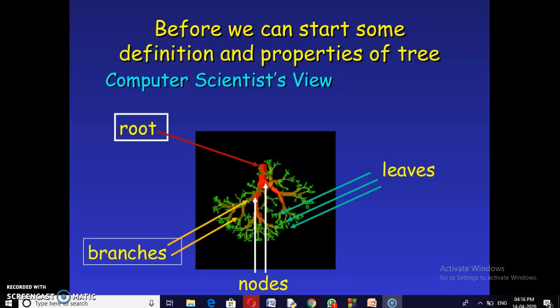In the same way, in computer data, we can also represent the data in the form of a tree. We can simply define a tree as a hierarchical structure of data.